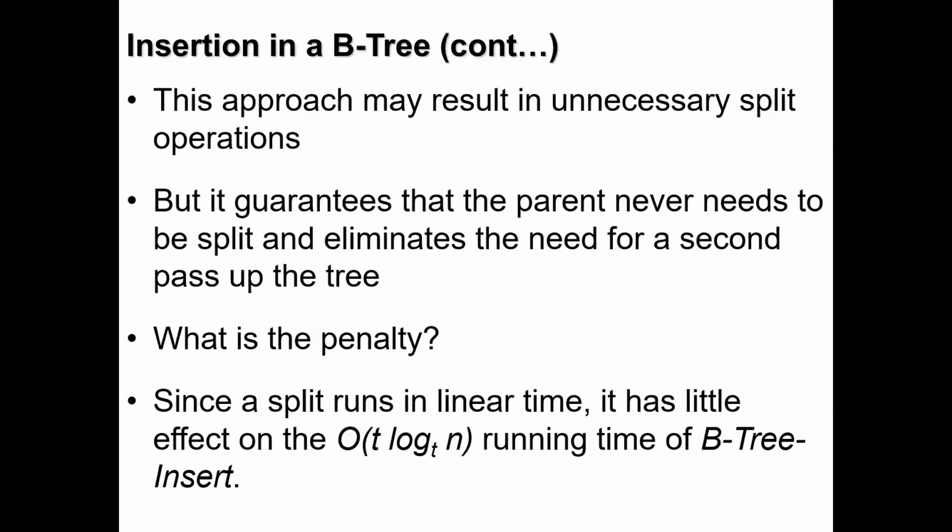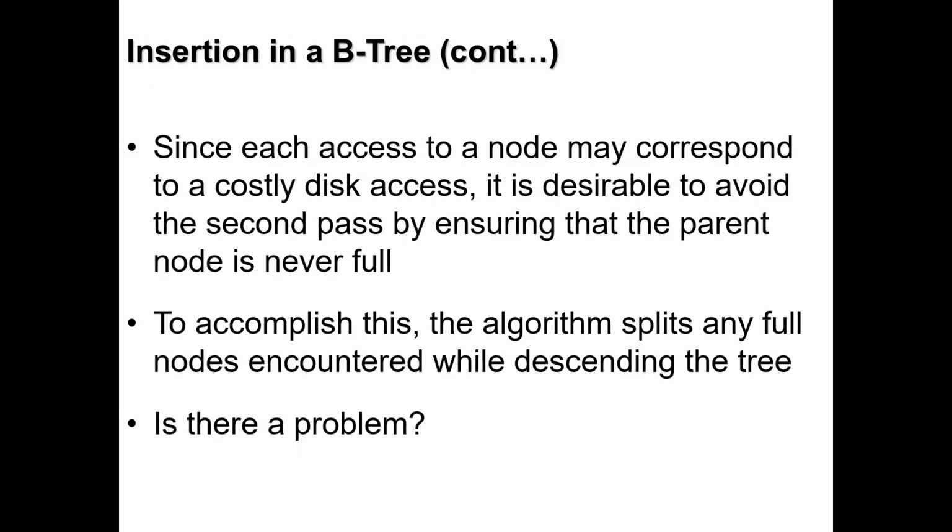Then in these slides for insertion, we have discussed two techniques. One technique is, as we go from top to bottom to find the appropriate place to insert a new key, we can split any node that we encounter as full. The advantage is that we can avoid another pass of splitting.